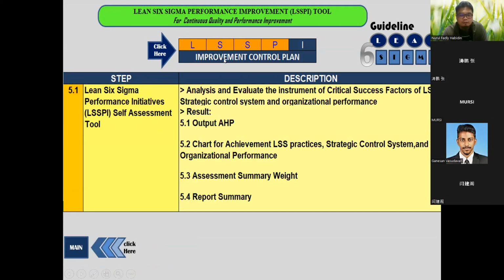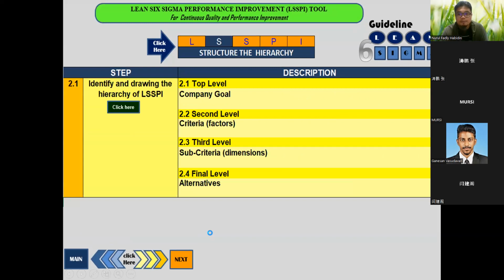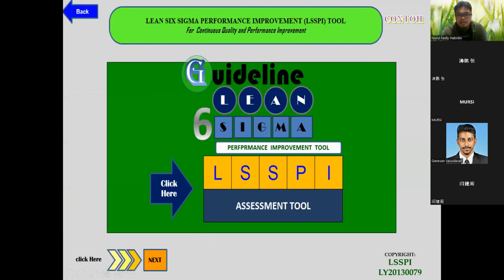The last one, for the improvement control plan, I have to propose and implement a self-assessment tool. So this LSSPI can also assist my thesis in order to answer the research objective and research question. This one can also be copyrighted because I developed this research design.